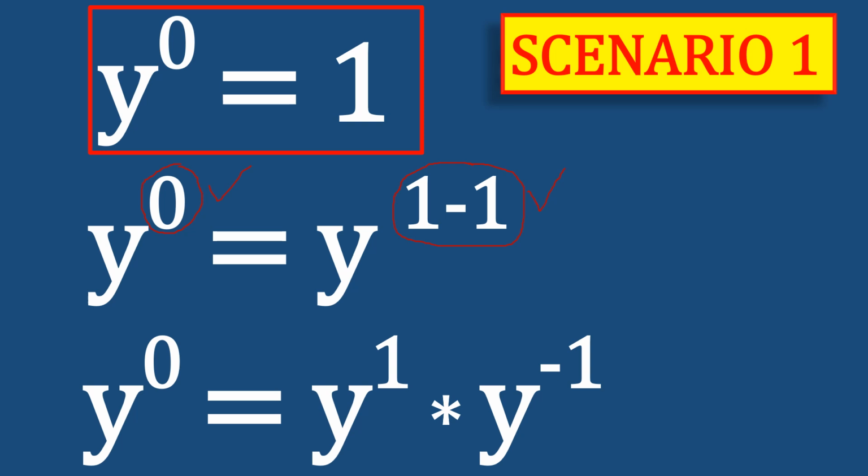Now, y raised to the power of 1 minus 1, that is y raised to the power of 0, can now be expressed, as we can see on the bottom right, as y raised to the power of 1 times y raised to the power of minus 1.